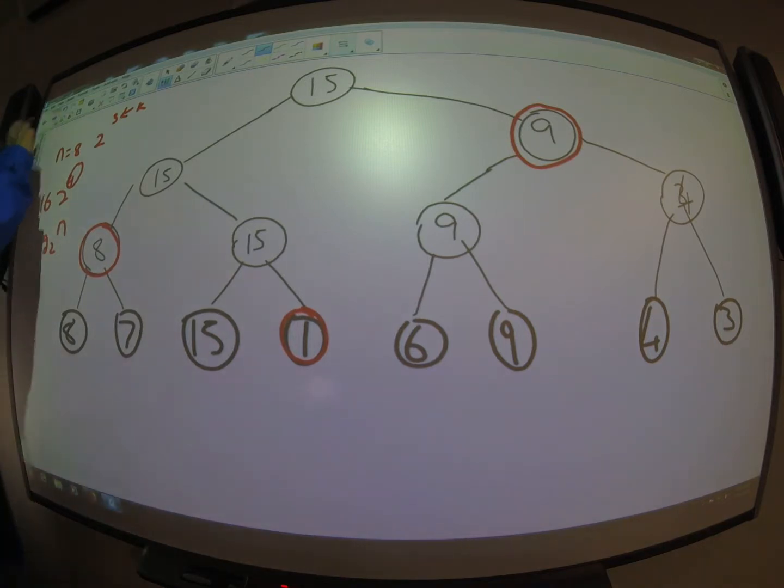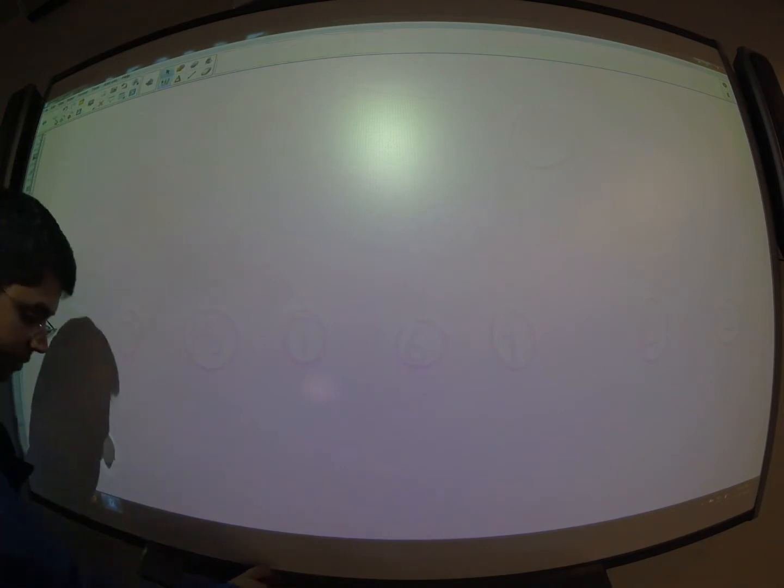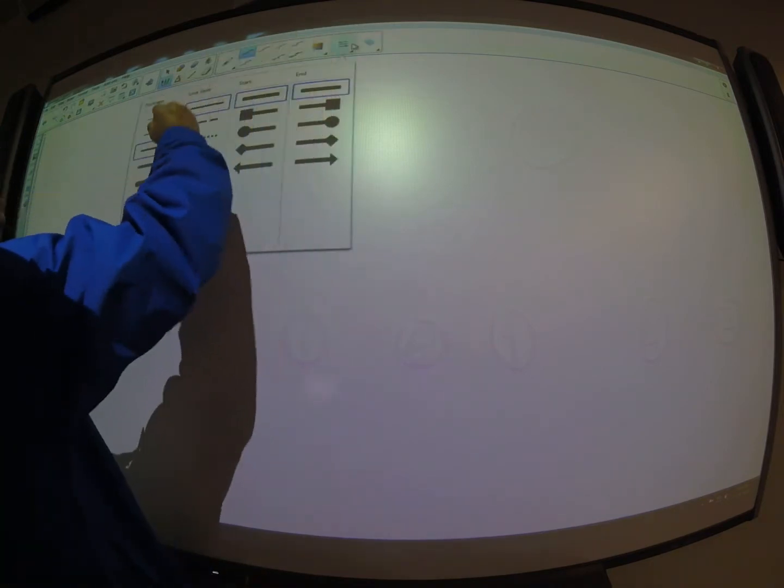So here I will draw the same tree once again, but I'll draw it down for more space.